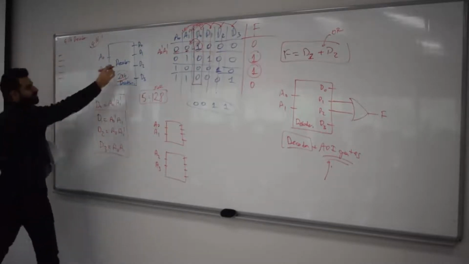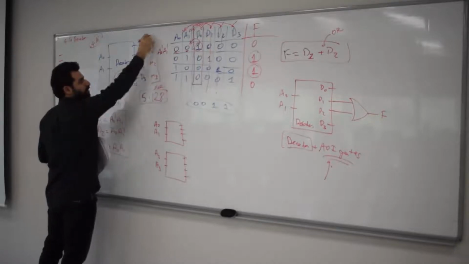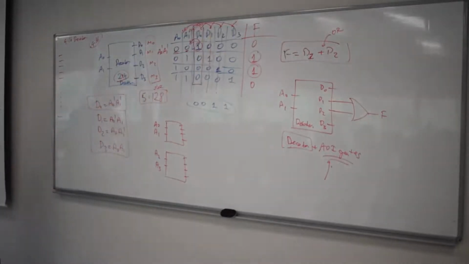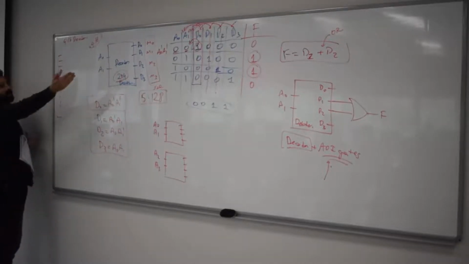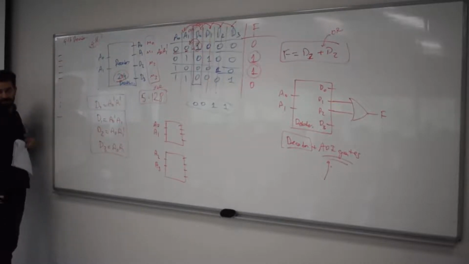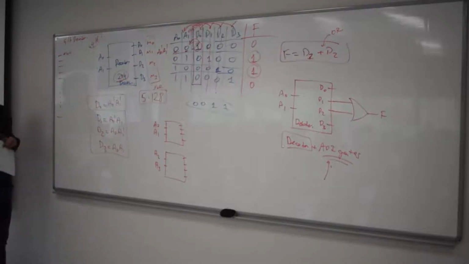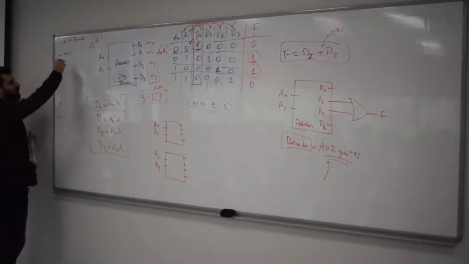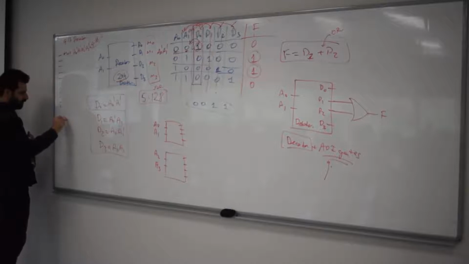Remember the notation we used for the min terms: M0, M1, M2, M3, up until M15 here. Do you remember what M0 is? A0 prime, A1 prime, A2 prime, and A3 prime. Absolutely. And what is the final one?